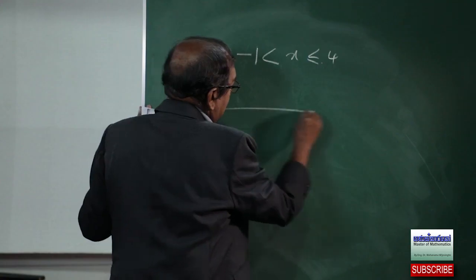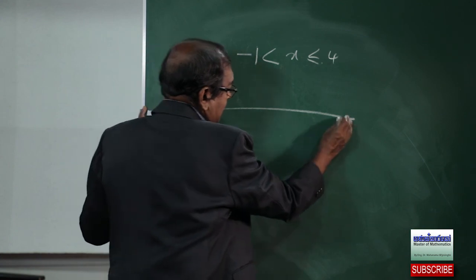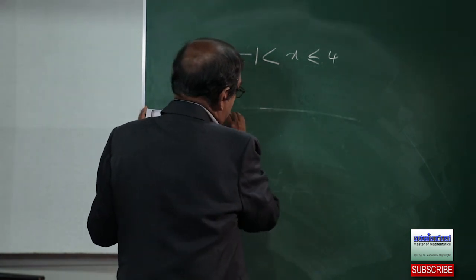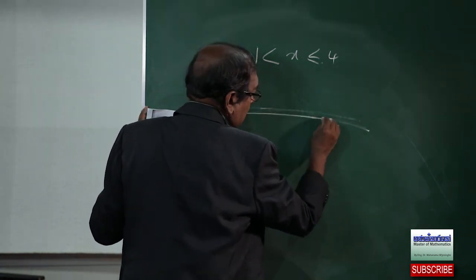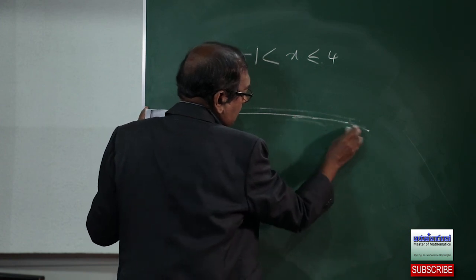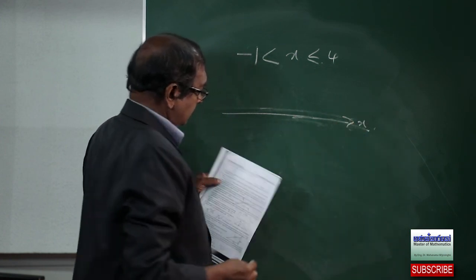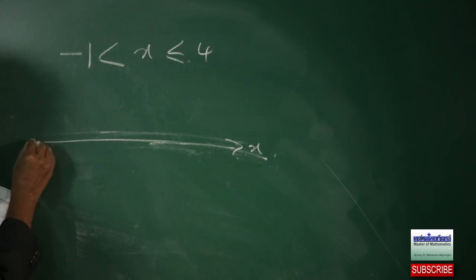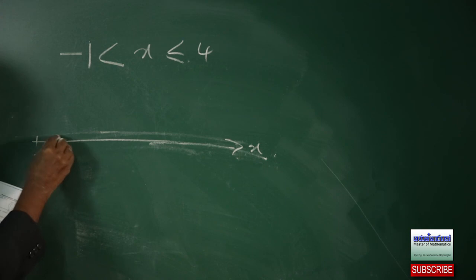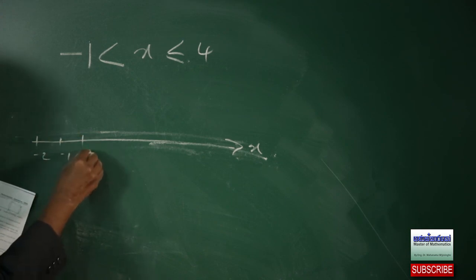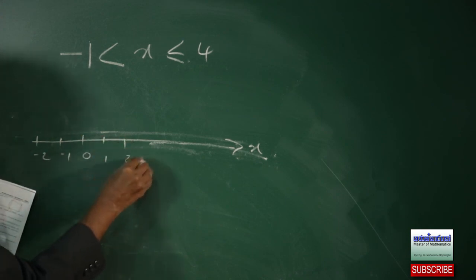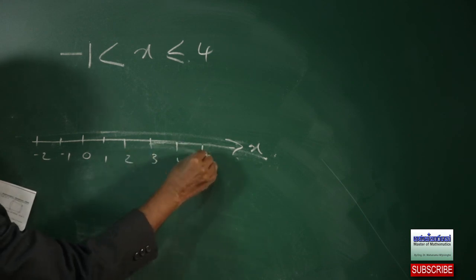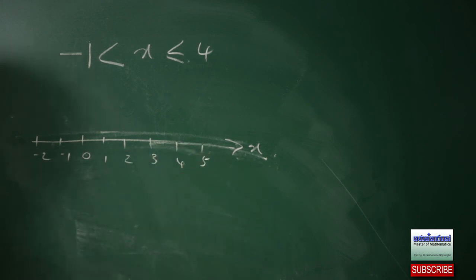If we consider the x axis, suppose this is the x axis, we represent the values here: minus 2, minus 1, 0, 1, 2, 3, 4, 5, like that. This is the x axis.